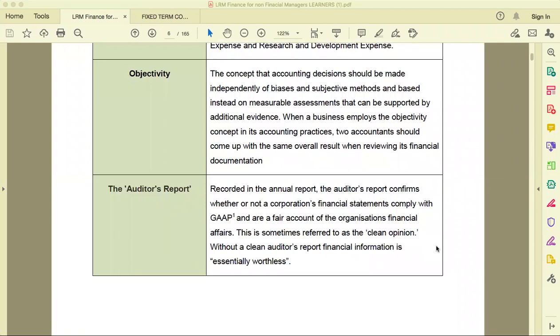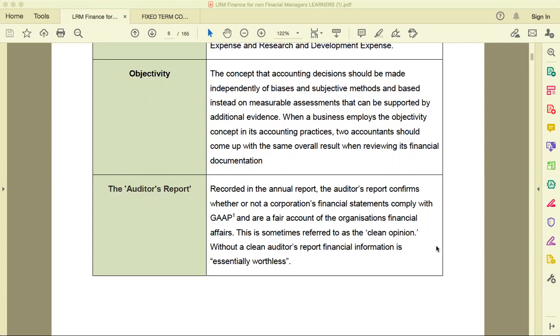So qualified opinion means that they say there are certain things in the set of books that are not done in the way that they said they were, and these are the things that we need to highlight. But if everything is done according to the book, completely according to the processes and systems, then what we say is we get a clean report from the auditor.